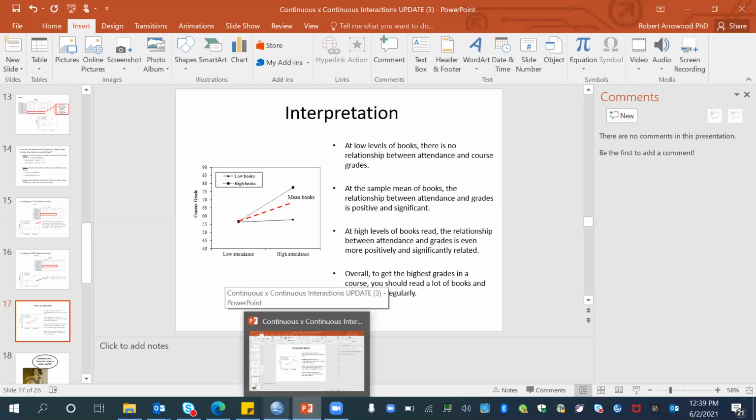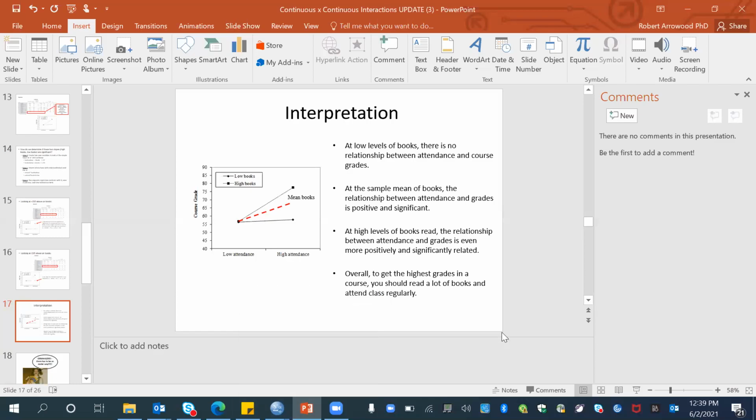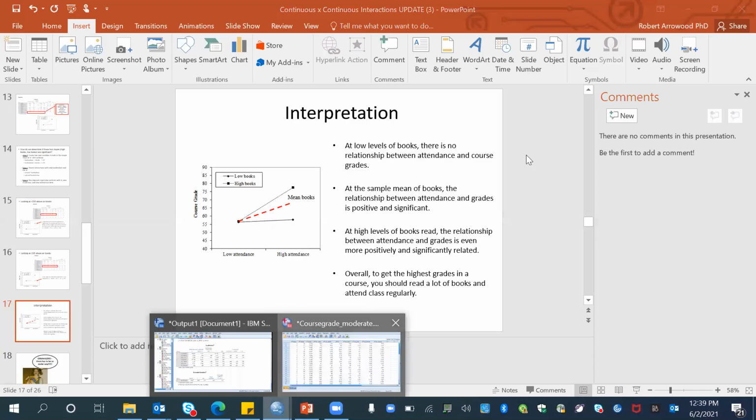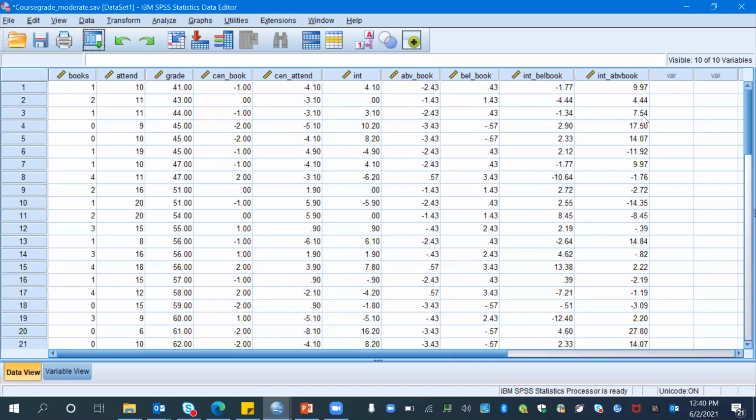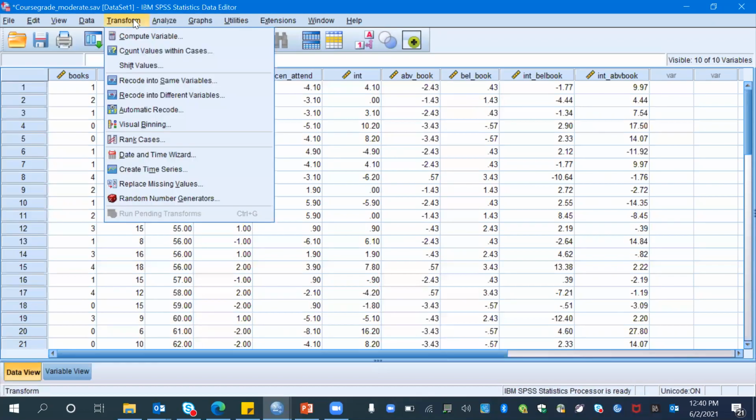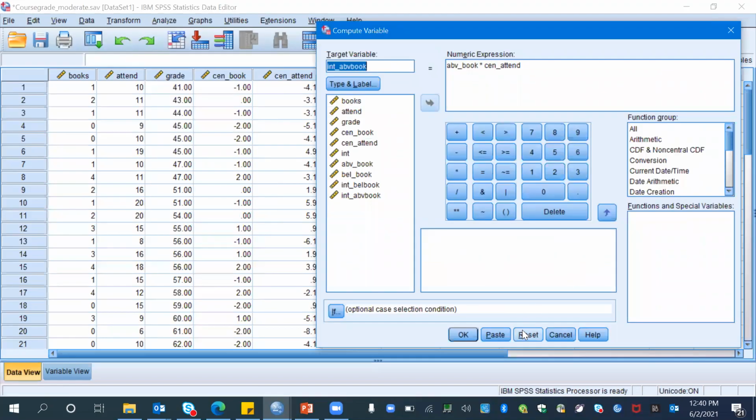So let's do it the other way now, because many of you may be thinking, okay, we've done high books and low books. What about high attendance? So we're going to go back and we're going to recreate all of these now at high levels of attendance, because we have to now recenter the other variables. So I'm going to go above attendance.